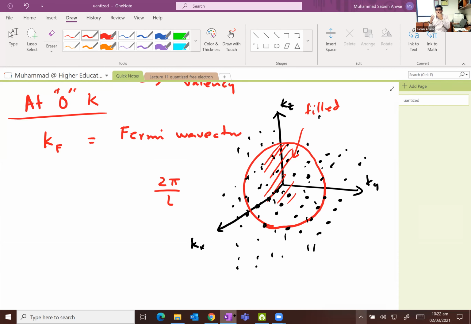What does this have to do with the reciprocal lattice vector? I'll explain later. But you have this grid of k points, and k values up to a certain level are filled. This sphere that I've drawn is called the Fermi sphere.